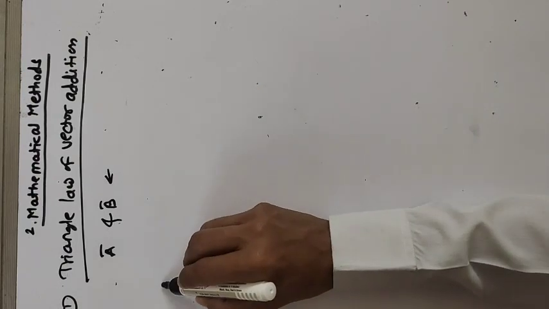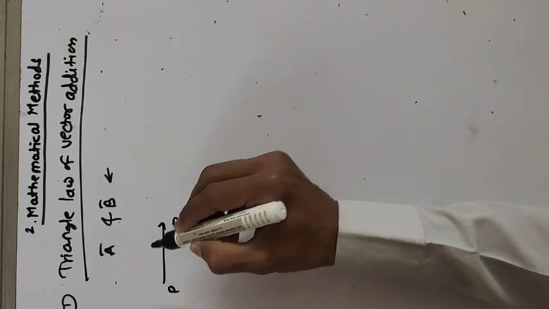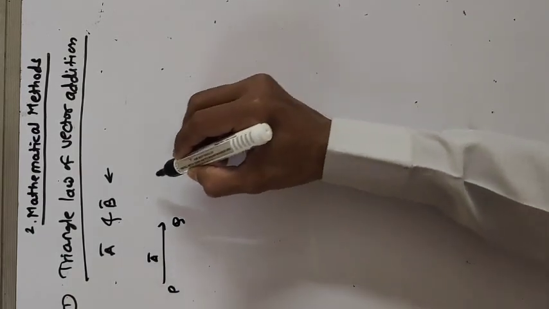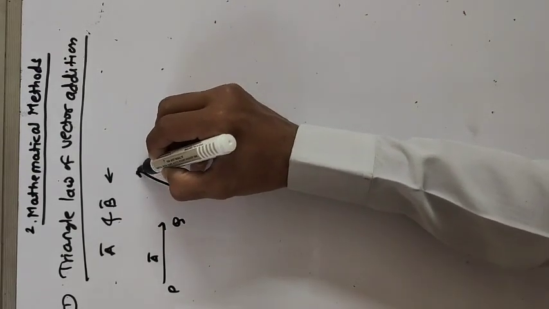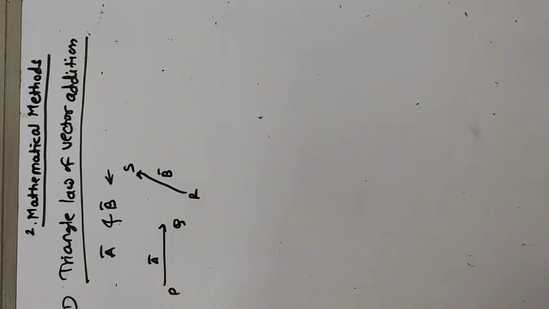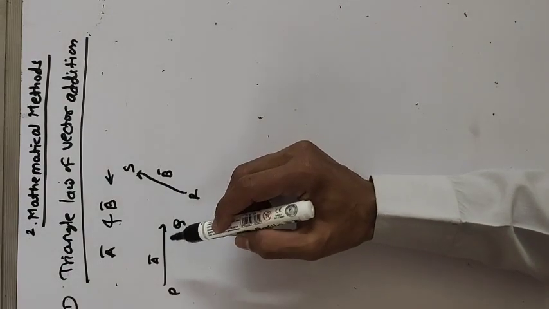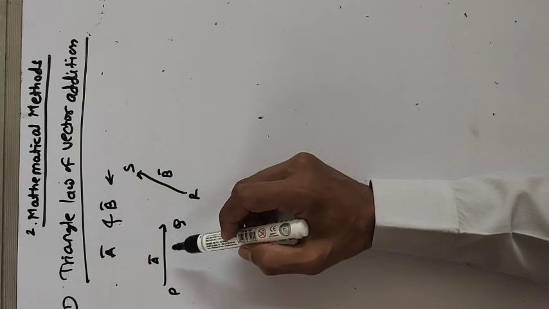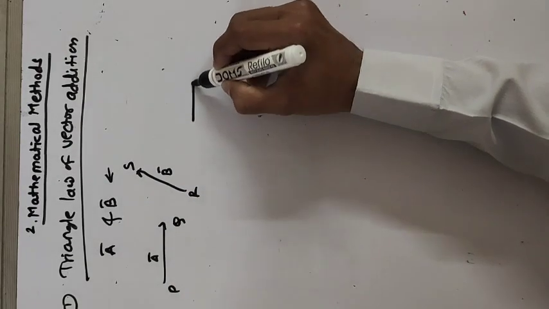This is vector PQ, vector A bar, and RS, vector B bar. Applying the triangle law of vector addition, the first sentence is that two vectors describing the same physical quantity are represented in magnitude and direction by two sides of a triangle.